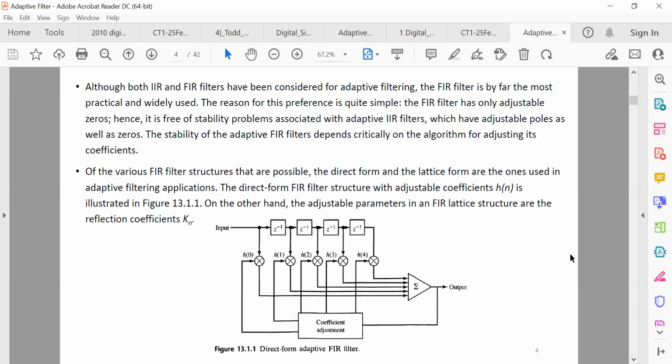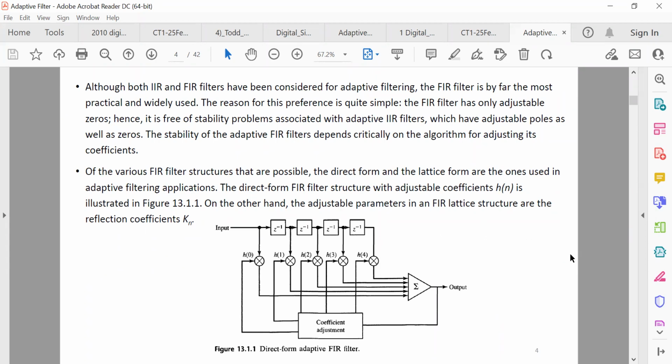Where does this adjustable feature come from? We have seen the input, and we also have the output. From the output, we will have some feedback, and from this feedback there will be algorithms in this coefficient adjustment mechanism, where we will introduce how much correction is needed in the filter coefficients H0, H1, H2, H3, and H4, and so on.